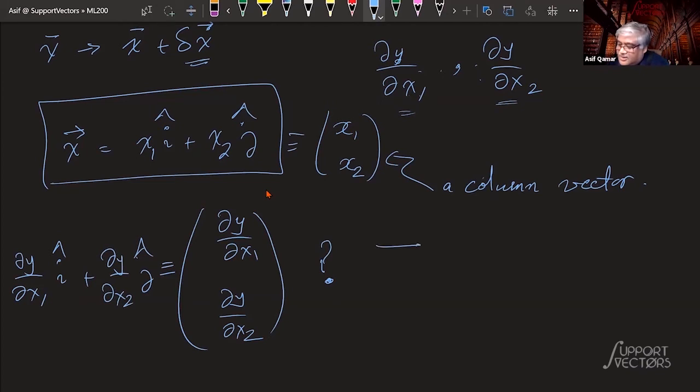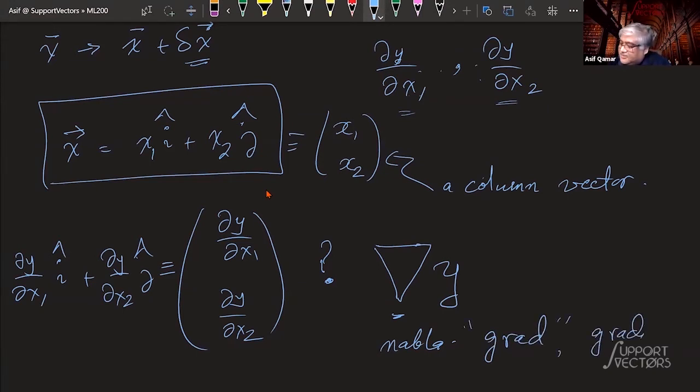Instead of just a slope, it is the generalization of the concept of slope. It is this notation, nabla, or the grad. It is also called the grad or the gradient. These words are all used.